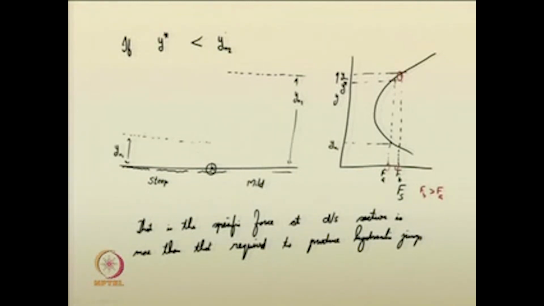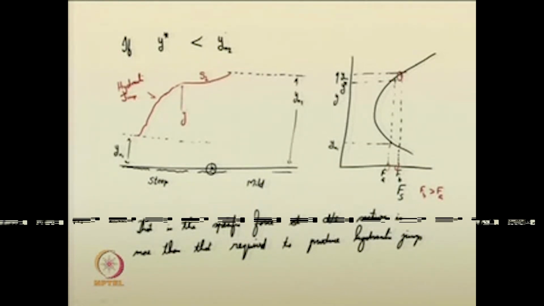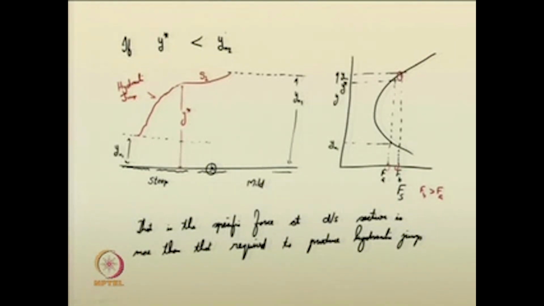The hydraulic jump is pushed here, it reaches y star depth, and from here it follows an S1 curve. This is your S1 curve, this is your hydraulic jump, and its sequent depth is y star. The pre-jump depth is yn1 and the sequent depth is y star. It is followed by an S1 curve, and it joins the mild slope channel with an S1 curve.